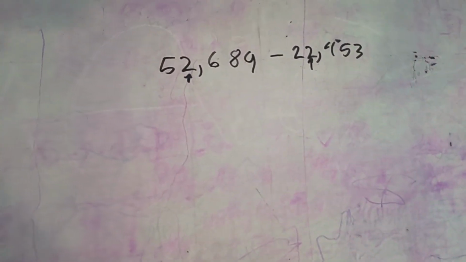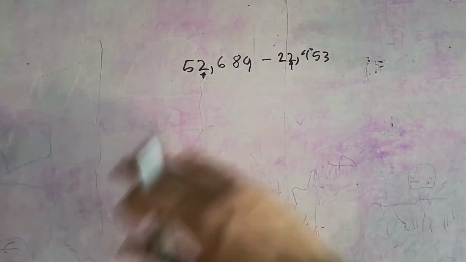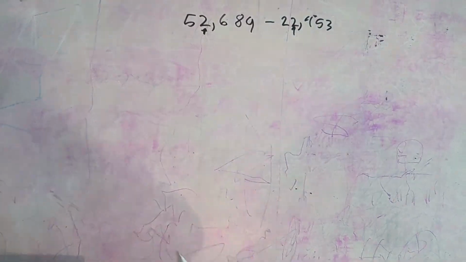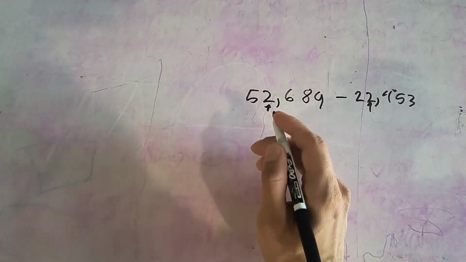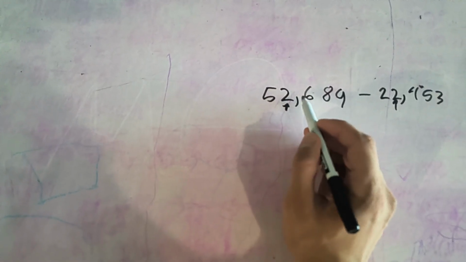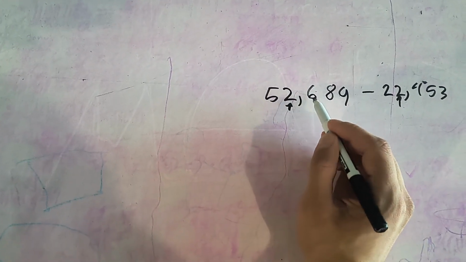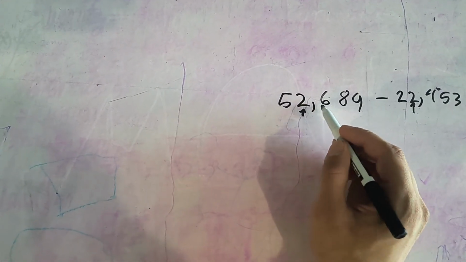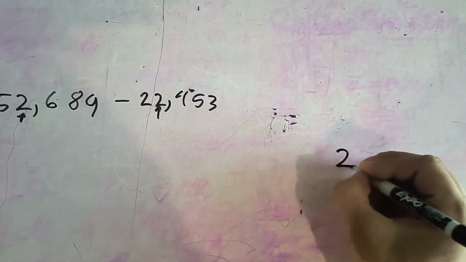Well, let's round these numbers first. Let's start with 52,689. Since we're rounding the thousands place, we just have to look at the 2,600, because you look at the one before this.